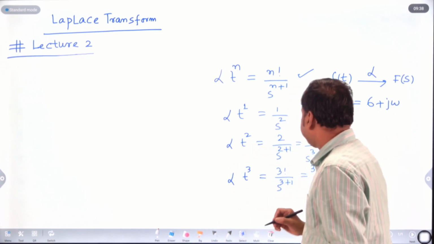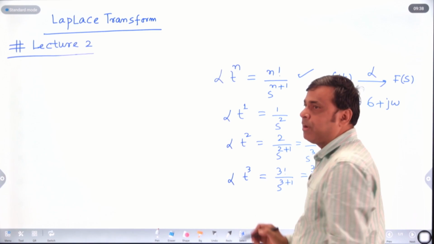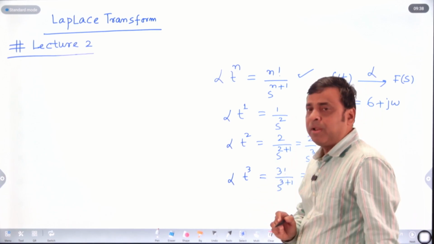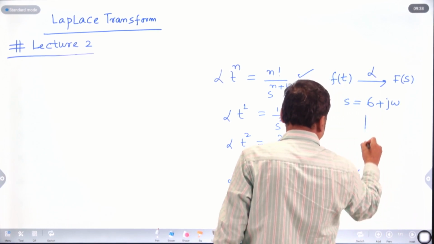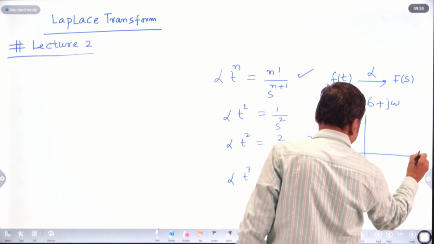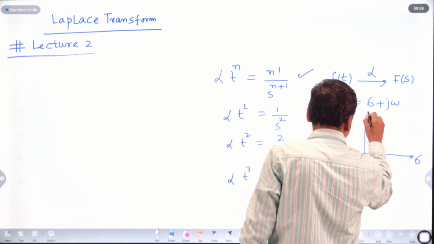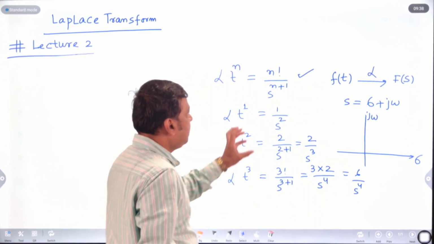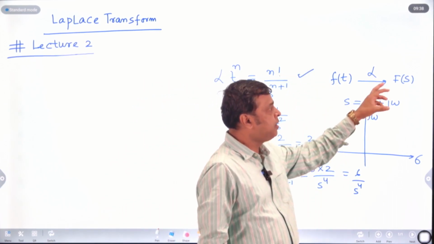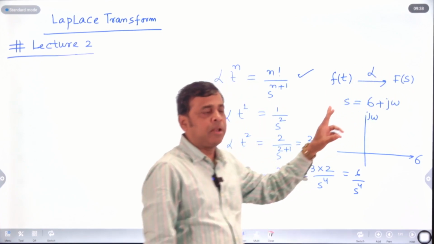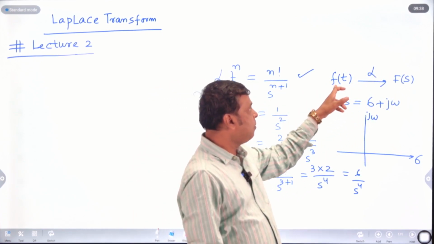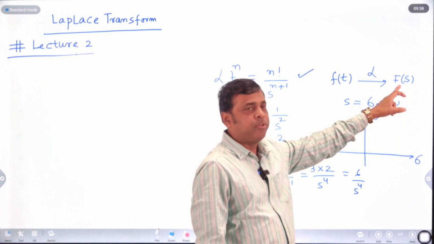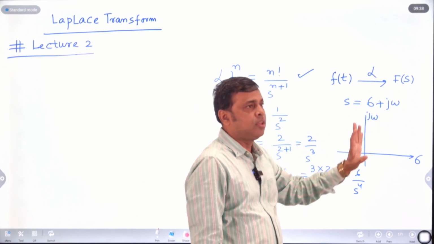Omega is the radian frequency and sigma is the Napier frequency. The x axis is sigma and the y axis is j omega. So any time function can be converted into the frequency domain by means of Laplace transform, from the t domain to the s domain, where s equals sigma plus j omega.